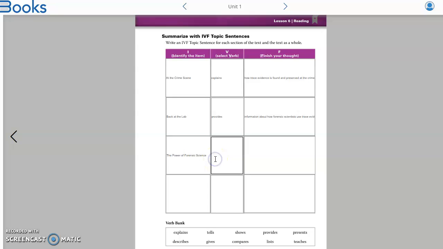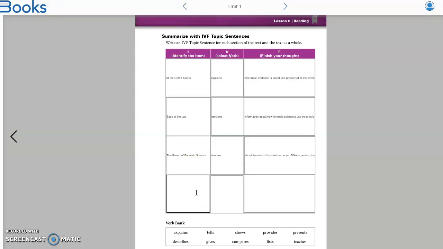So the power of forensic science teaches, and I'm finishing the thought about the role of trace evidence and DNA in proving the guilt of one man and the innocence of another.